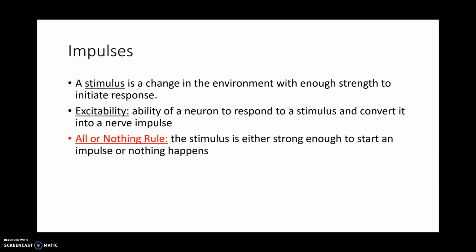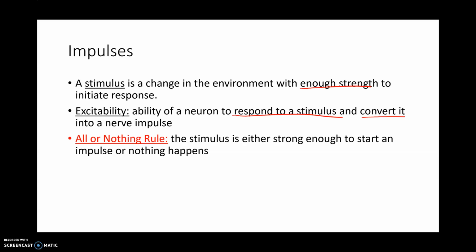So impulses. A stimulus is a change in the environment with enough strength to initiate a response. So it has to be strong enough to get some response from it to be considered a stimulus. Excitability is the ability of our neuron to respond to a stimulus and convert it into a nerve impulse.